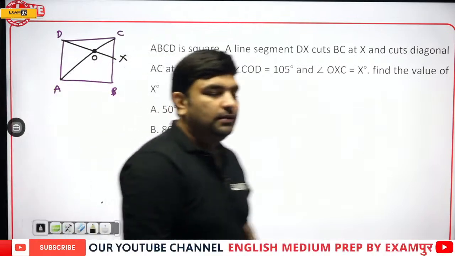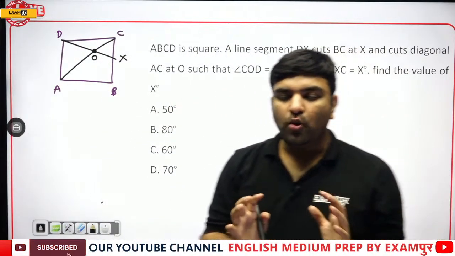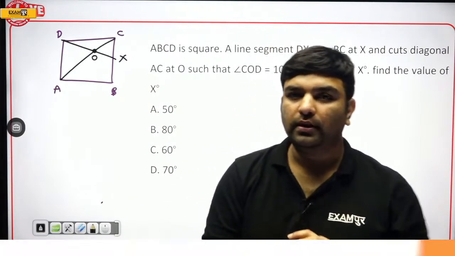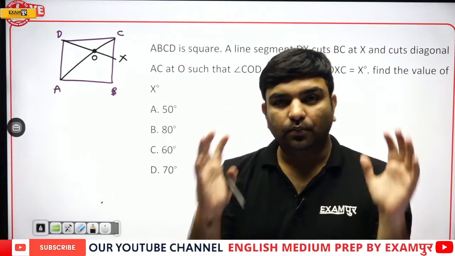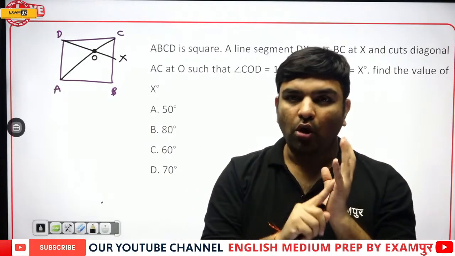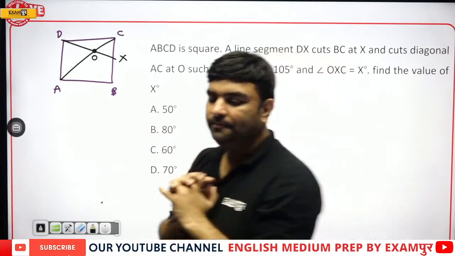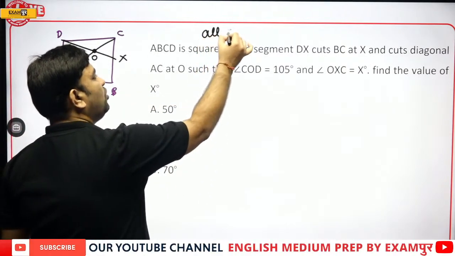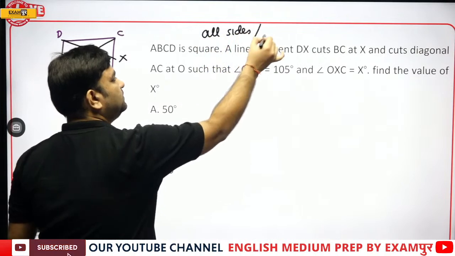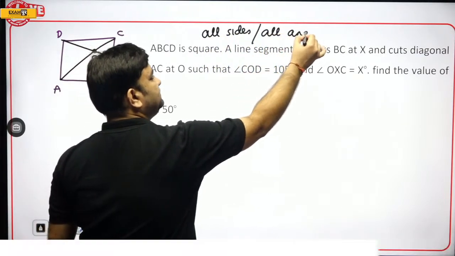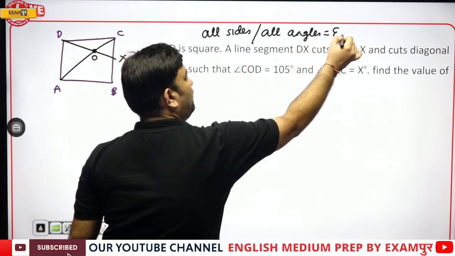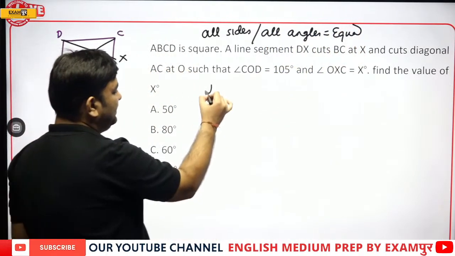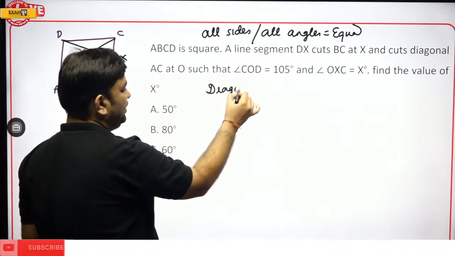Guys, square is a regular polygon. Regular polygon means the most symmetrical figure: all sides, all angles equal. We all know it. If all sides and all angles are equal, here the diagonal is an angle bisector as well.